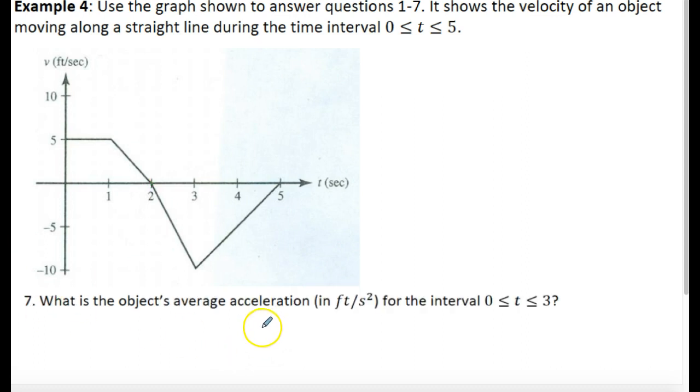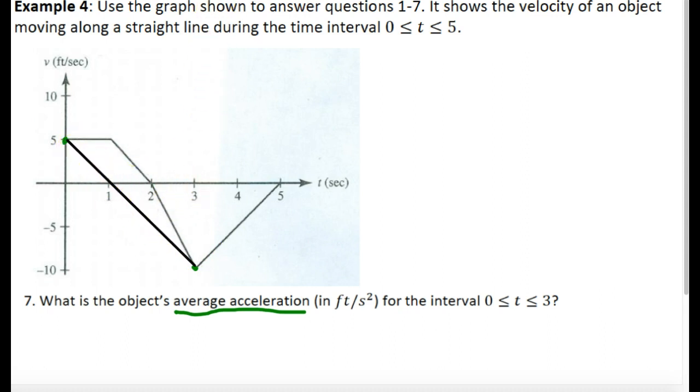All right, try the last one. All right, average acceleration. Well, if we are given a velocity curve, we know acceleration is the derivative of velocity. It's the slope of velocity. So if I want average acceleration between 0 and 3, so here's 0 seconds, here is 3 seconds. What I want to do is just find the slope between those 2 points. Okay, I want to find the slope of this line.